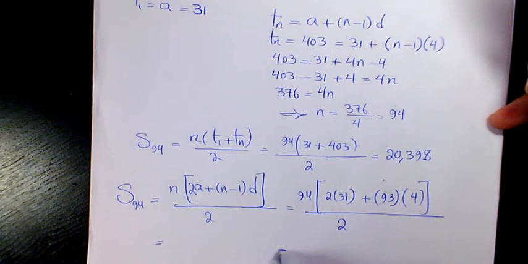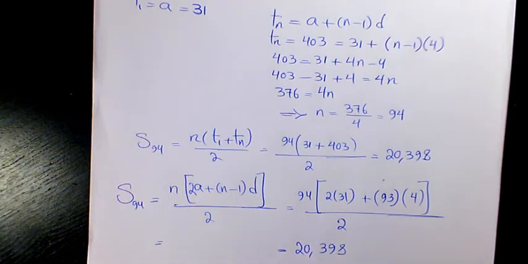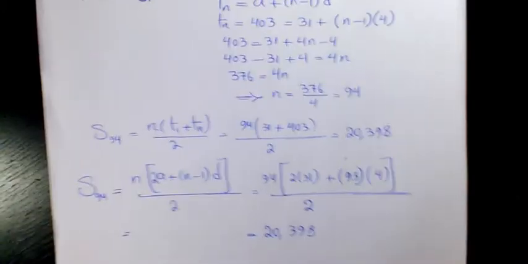That is going to give me also 20,398. So that's going to be the sum of the first 94 terms.